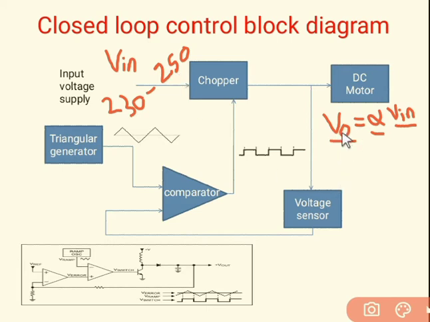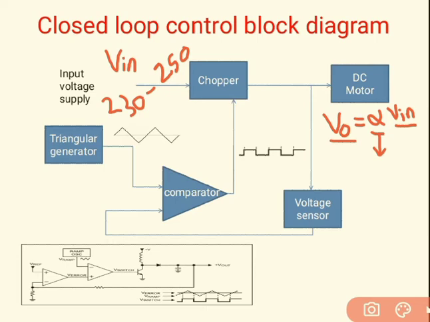So to maintain the constant output voltage VO, we have to decrease the duty cycle. This decreased duty cycle is obtained by comparing the output voltage sensed with the triangular wave. Now we consider how to decrease the duty cycle.